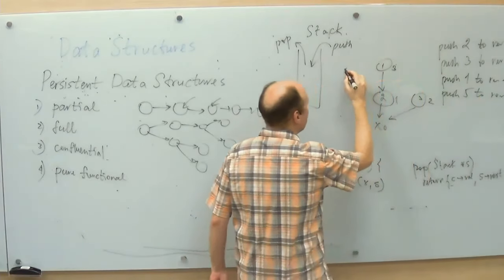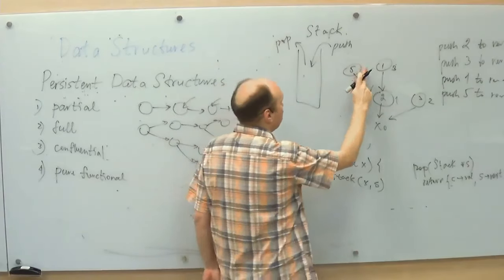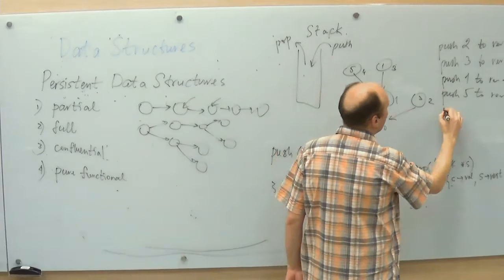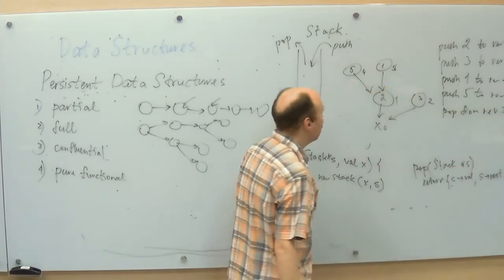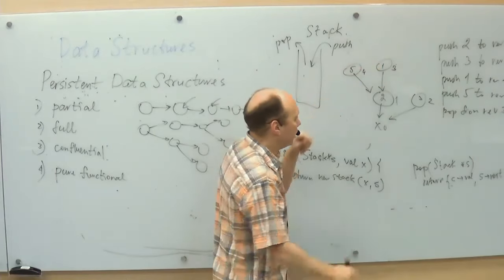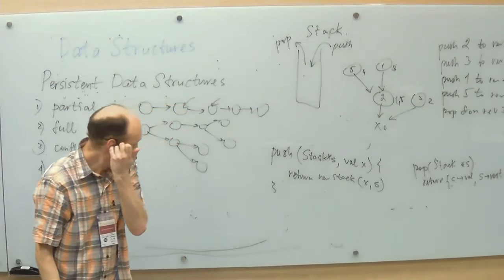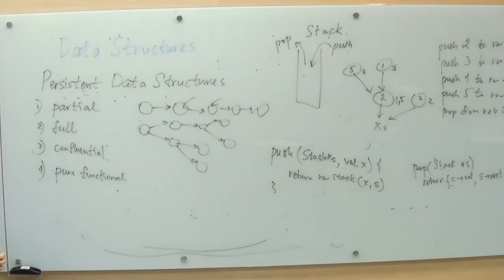We get a new vertex containing 5, revision 4. Then we pop from revision 3. We return this value 1, and our new revision 5 is again this position. So that's like a tree. It's very easy, it works.